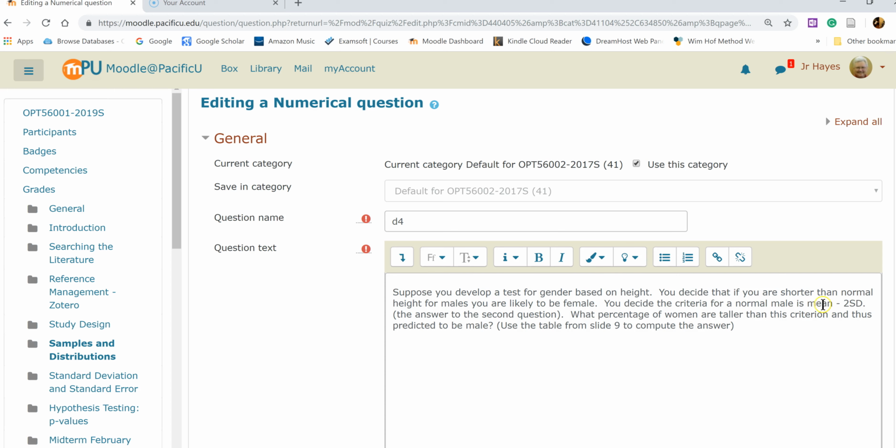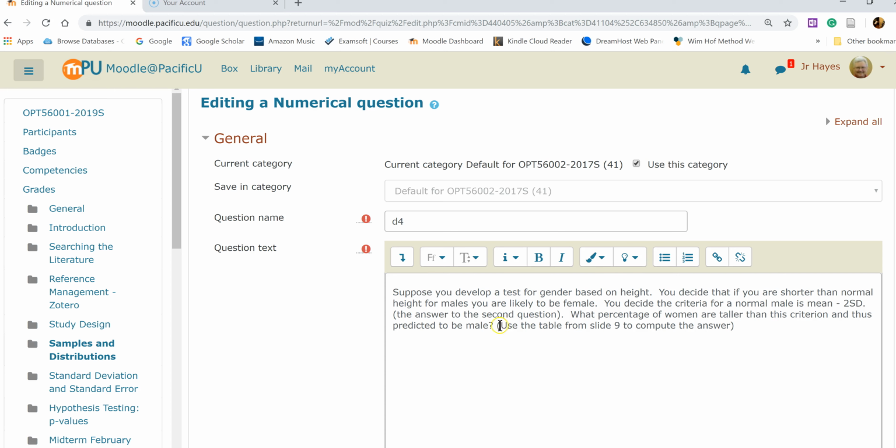In other words, you're 2 standard deviations out from the mean of the height of males going in the negative direction, because women generally tend to be shorter than men. That happens to be the answer to the second question of these 5 questions on this quiz. So the question then is, what percentage of women are taller than this criterion and thus predicted to be male?